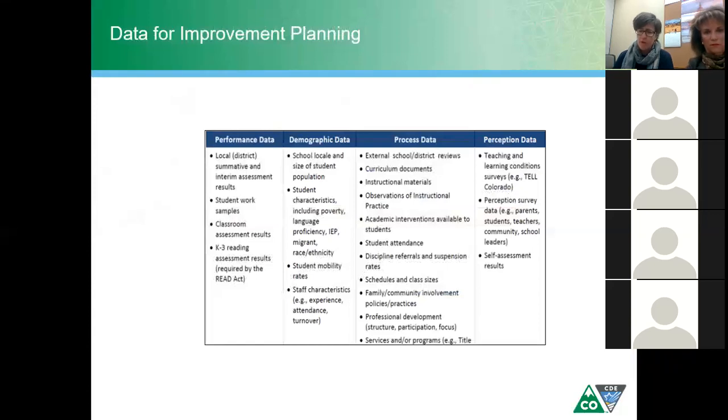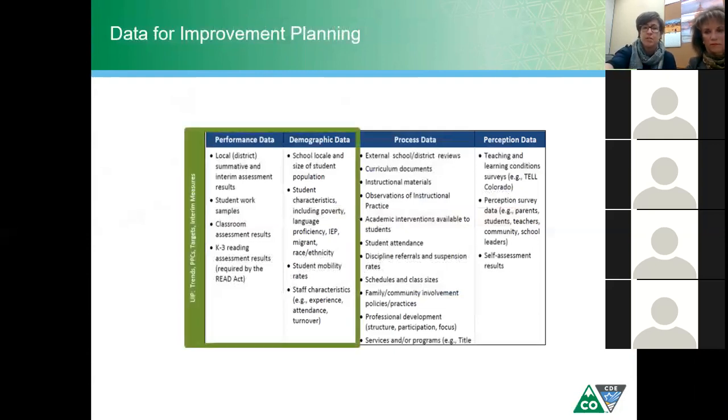So we leverage the framework from Victoria Bernhardt around data types. So the other piece that we're going to be a little particular about is what data gets used when. So acknowledging the first two columns, the performance data and the demographic data, is what gets captured in your trends, your priority performance challenges, your targets, and interim measures.